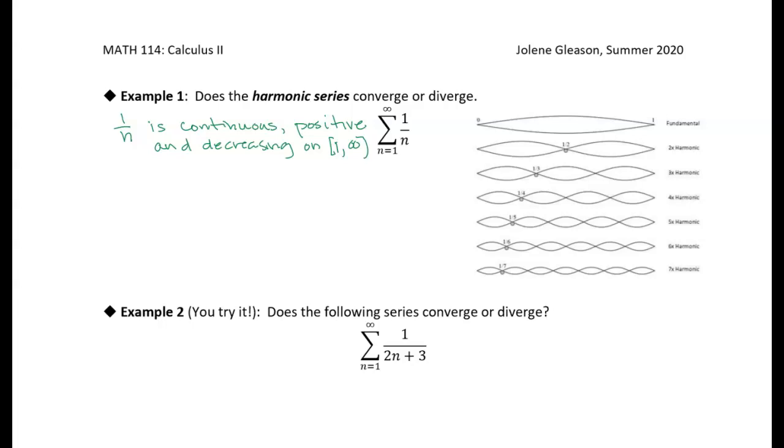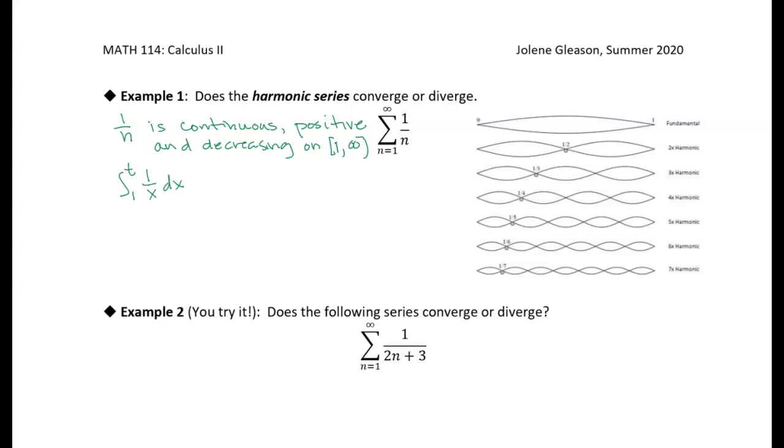So we want to integrate this from 1 to infinity. What I'm going to do is integrate it from 1 to some arbitrary value t, and then once I figure out what that integral is in terms of t, I can take the limit as t goes to infinity to get the improper integral. So I'm going to do the integral of 1 over x dx.